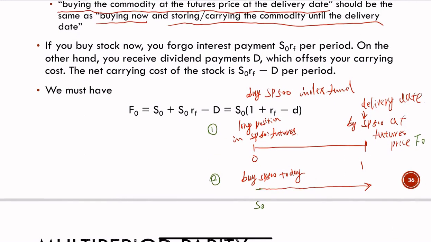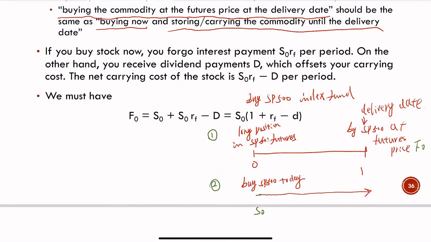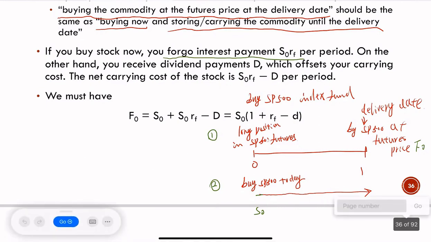If you use S0 to buy this SP 500, you have tied your cash into this equity position, so you have to forego interest payment of S0 times RF. That is the interest payment you could earn if you did not put this money into this equity position. So this is the additional cost.